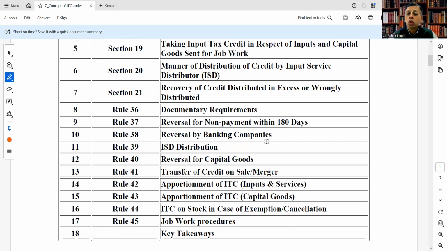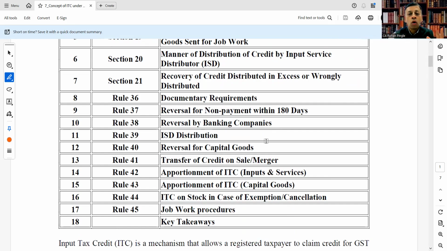Rule 36, documentary requirements. Rule 37, reversal for non-payment within 180 days. Rule 38 talks about reversal by banking companies. Rule 39 talks about ISD distribution, that is input service distributor credit distribution. Then Rule 40, reversal for capital goods.